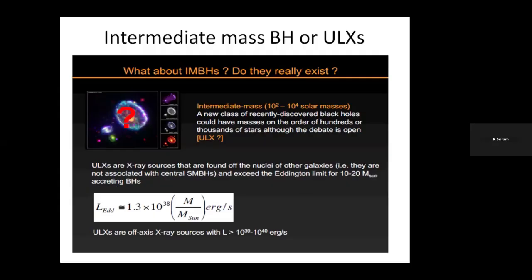Now, we know that there are stellar mass black holes. We don't have any problem; we have very good physics for this. We know how these stellar mass black holes come, how they are made, how they are produced. We have an entire theory. There are some ifs and buts, but on a general scale, we know what is happening.